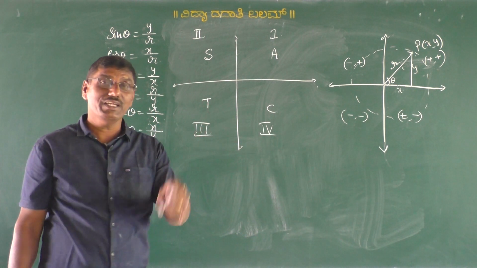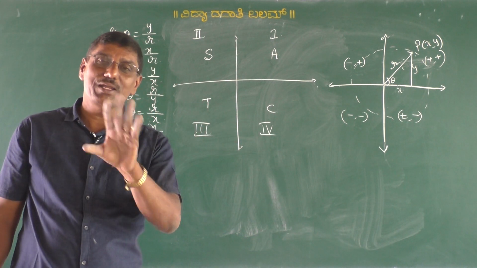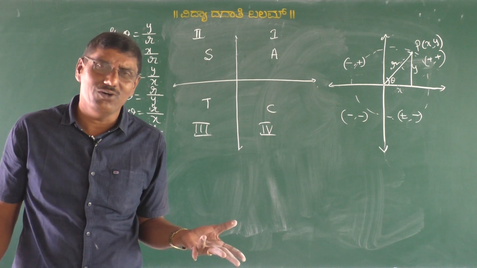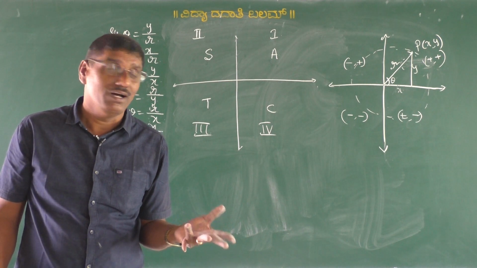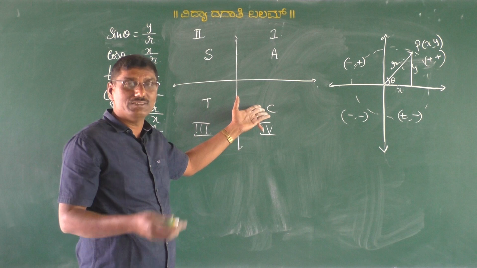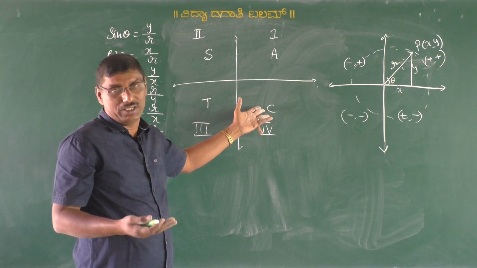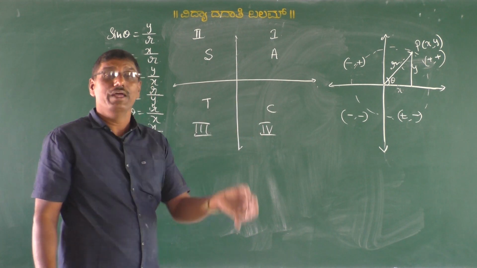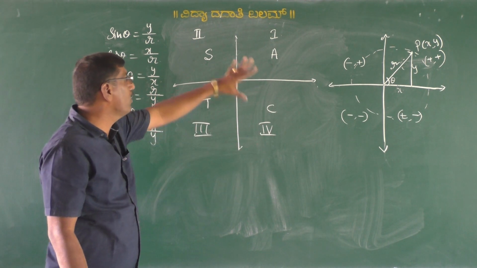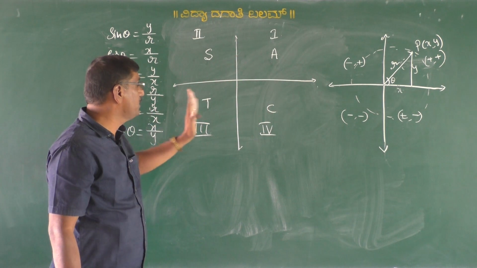Cos and secant are positive, and other than these, sine, tan, cot and cosecant are negative. This rule we call the quadrant rule, ASTC.